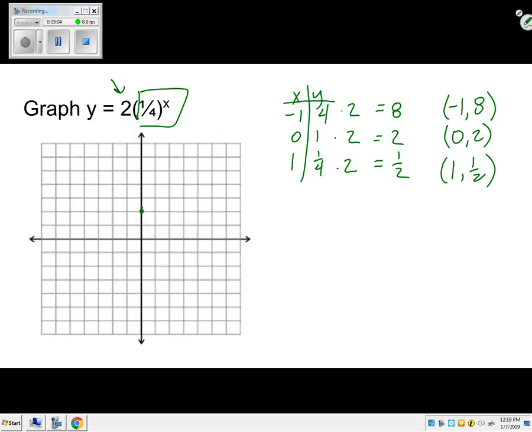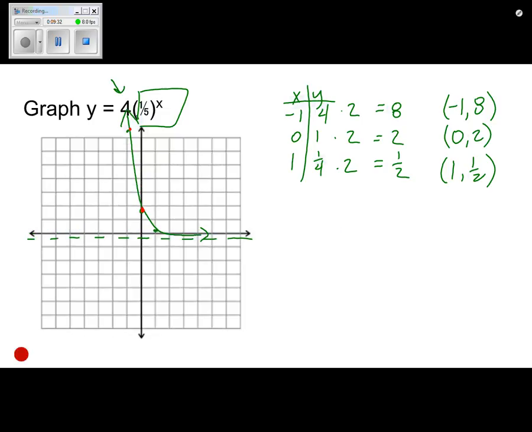That might make it a little easier. 1, 2, 3, 4, 5, 6, 7, 8, and 1, 1/2. All right, that makes it a little bit easier to get to all the points. There we go. I like that one. And that would be my graph. Like I was about to say just now, I'm going to be checking to make sure you're in the right spot right here. And this guy is growing at this rate, way up there.